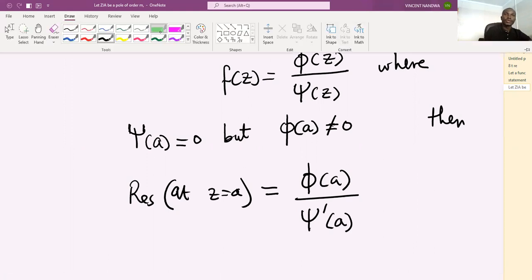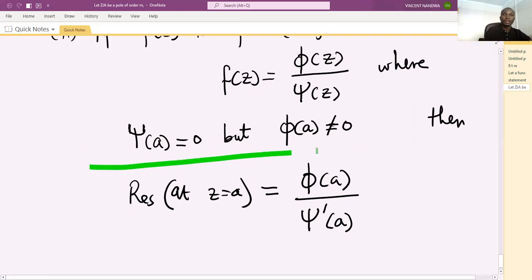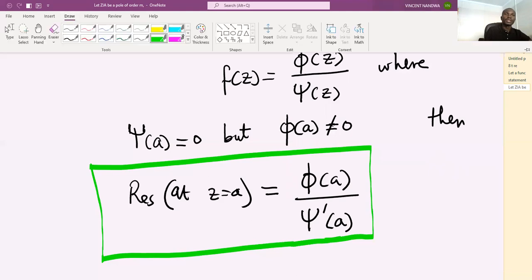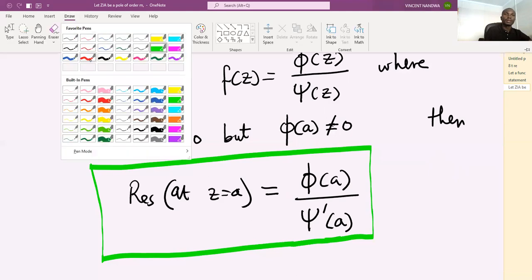So this is also another way of finding residue at simple pole z equals a, but you use it when the function f of z is a rational function.